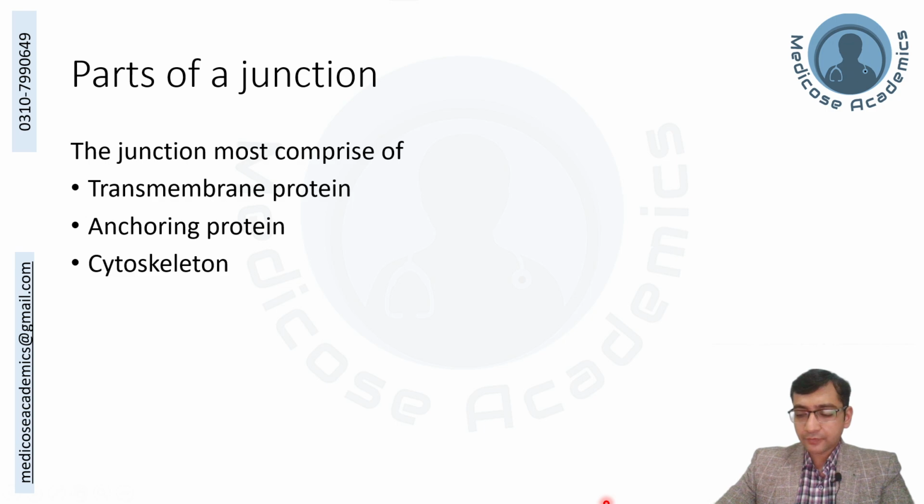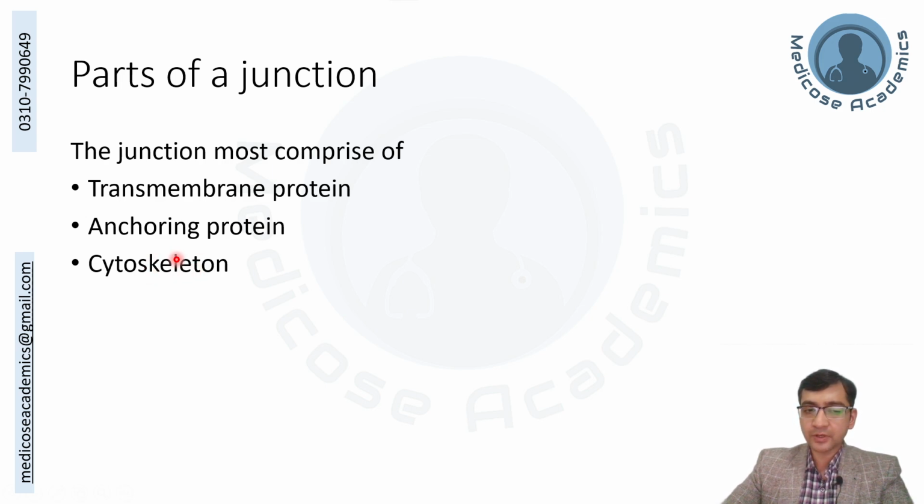Before diving in any further, for all the junctions, there will be a component that passes through the cell membrane. That will be a transmembrane protein that will be attached to some part of the cytoskeleton, which can be microfilaments or intermediate filaments.